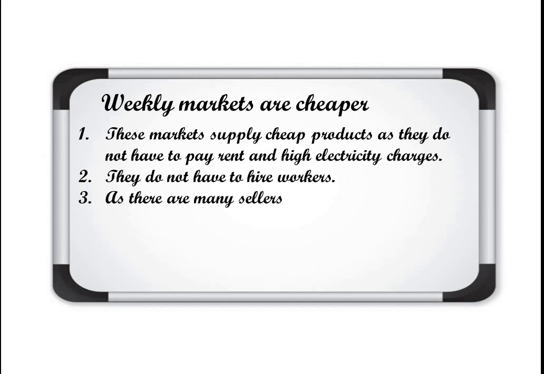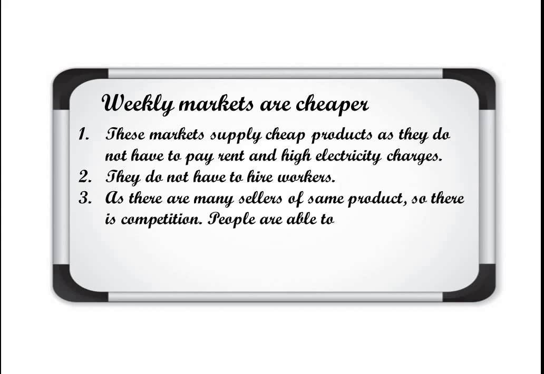As there are many sellers of the same product, there is competition. People are able to bargain there. As it is written, there is competition among different sellers of the same product. If any of the sellers is going to increase the rate, what would happen?